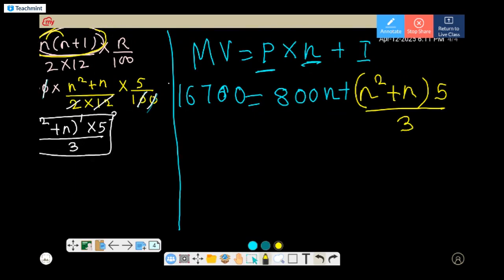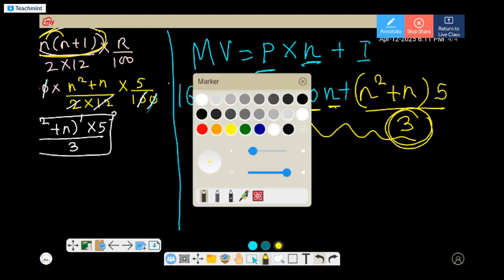Okay, now you need to work everything on the right side, because this 800 has an n, so it is not going to be shifted to the left side. You have to first simplify your right side. So you will get 800n, and when you simplify it, this has a denominator, so you will do the LCM.